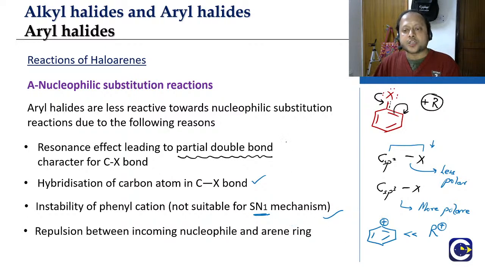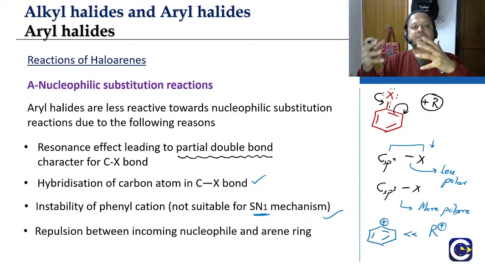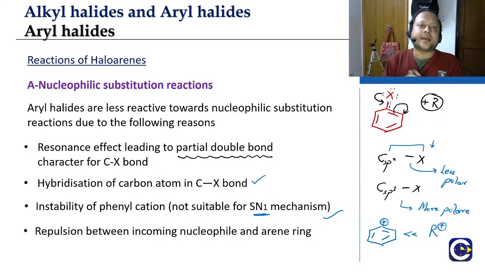And also your benzene ring has high electron density. So a nucleophile, which is itself negative, and the negative ring are going to repel each other. Both of them are going to give each other the cold shoulder. Nucleophiles will try to avoid such a system where they receive no warmth, so they will avoid this type of aromatic system.